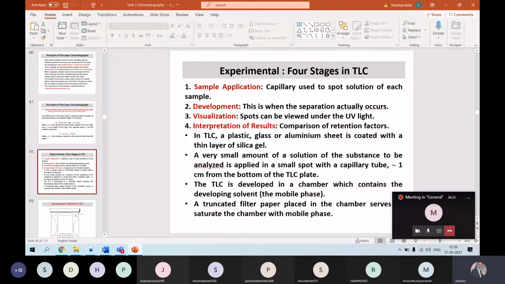That means you evaporate the solvent once you spot, and then you put your TLC plate in a developmental chamber, where actually the separation occurs.